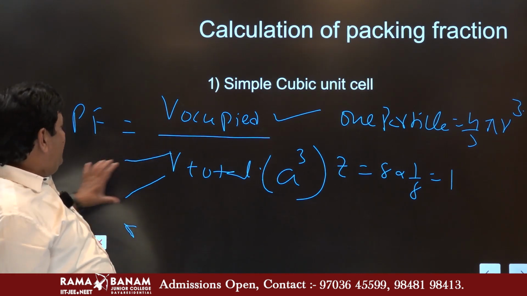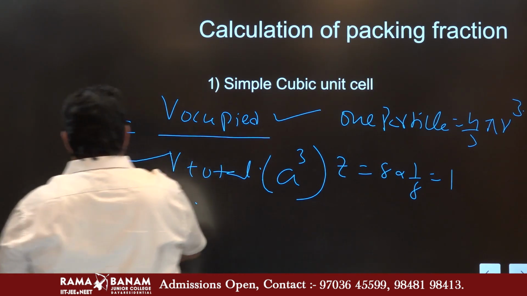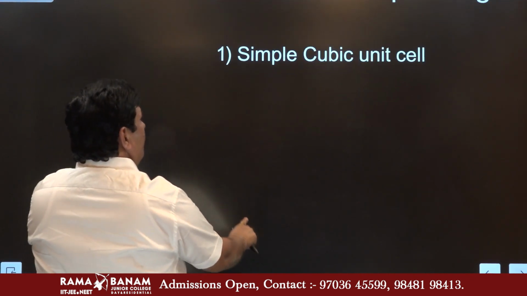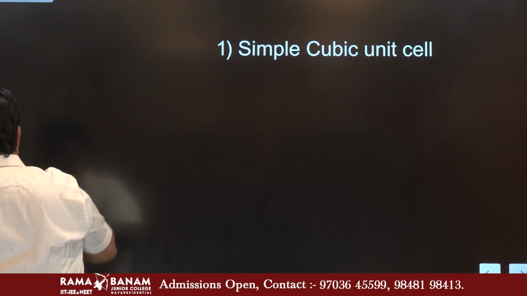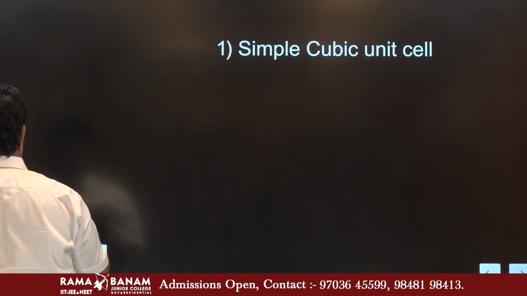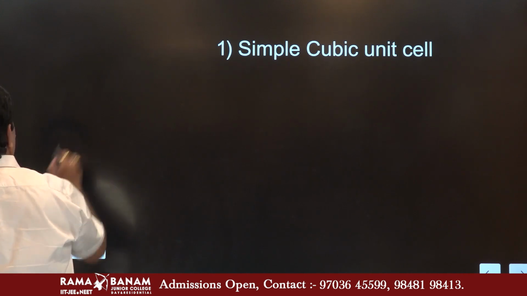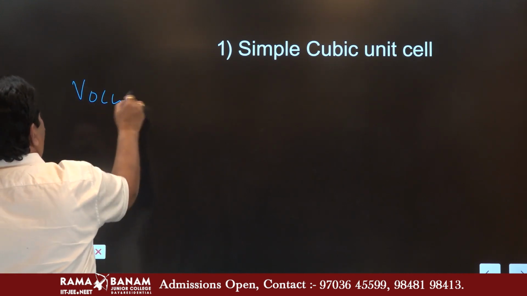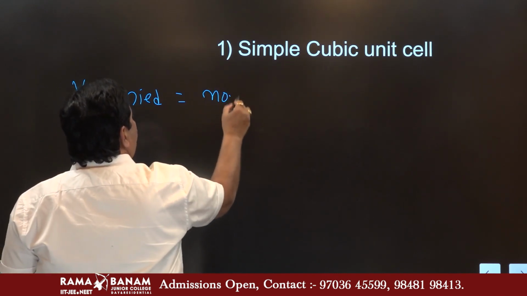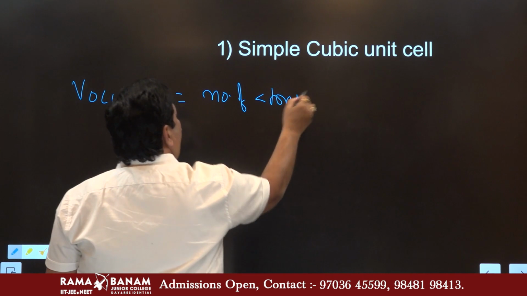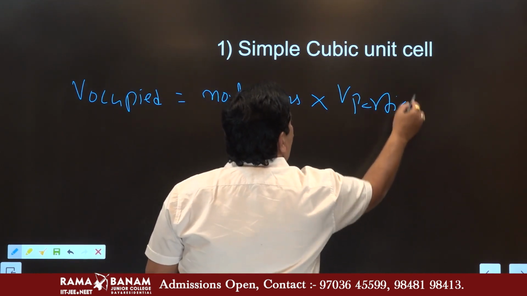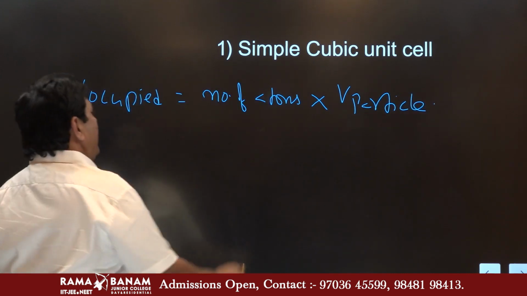So we can write this as V occupied, volume occupied, is equal to number of atoms multiplied by volume of the particle.